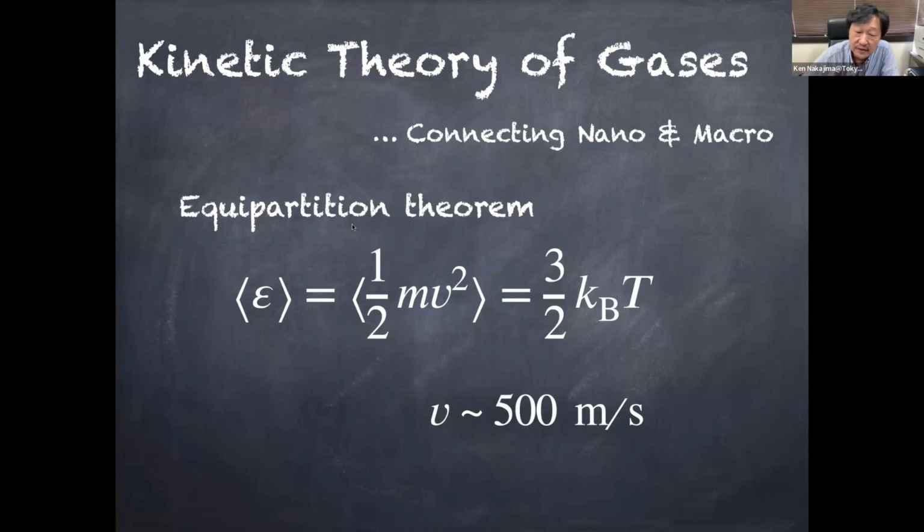And usually at room temperature, the average speed of a nitrogen molecule is about 500 meters per second. Very quick. It's the level of sonic speed, right? Sonic speed is 320 meters per second, as you may know. Okay, so please remember this quickness.